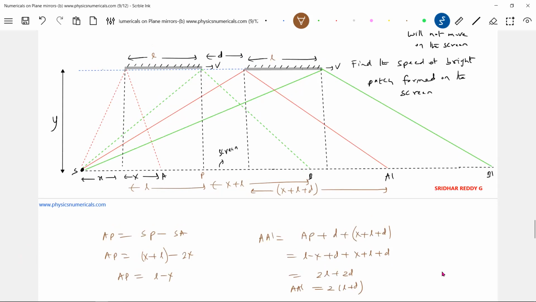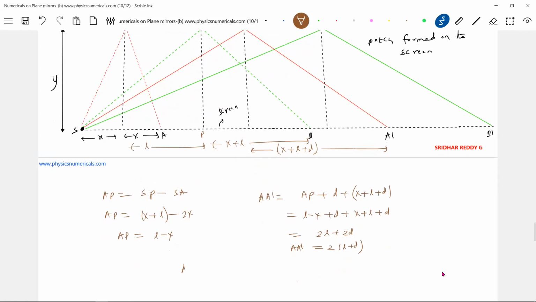Now what is the displacement of this end of the mirror? L plus D. Then, in time t, the displacement of point A, the displacement of the spot from point A to A dash, is how much?